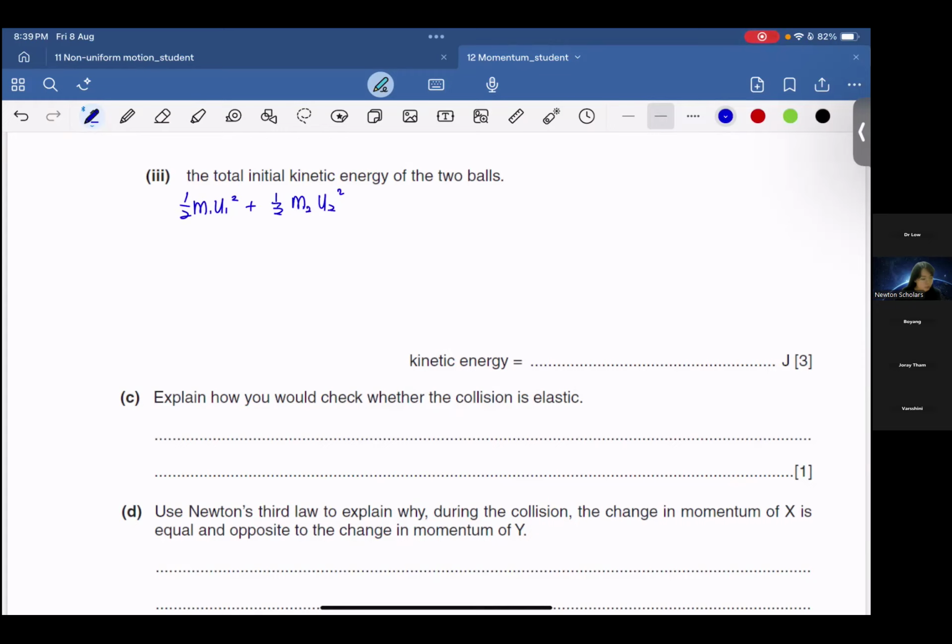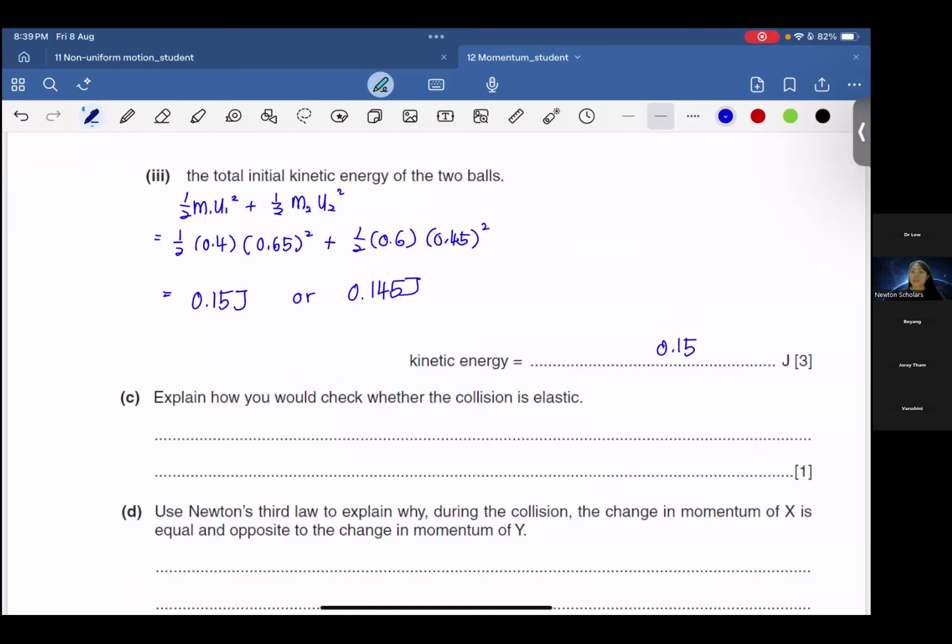Fatima, no? Check which step you made a mistake, Fatima. So here 0.65 squared plus 1 over 2, 0.6 times 0.45 squared. So here, your answer should be 0.15 joule or 0.145 joule. Okay, both can be accepted. For me, I will use two significant figures.